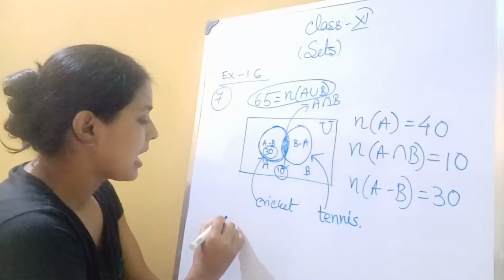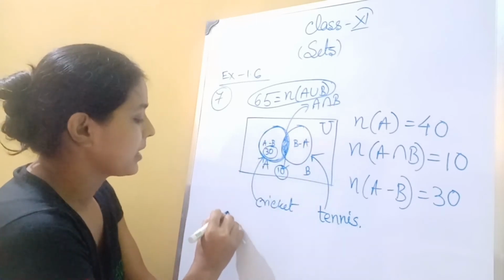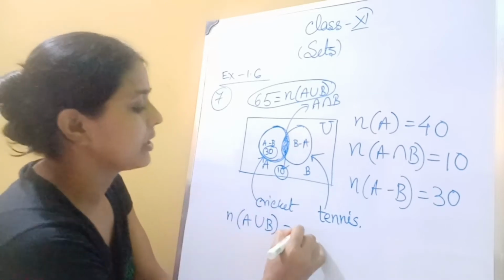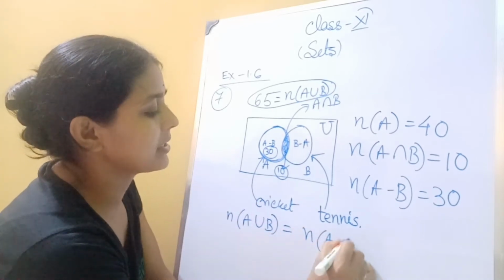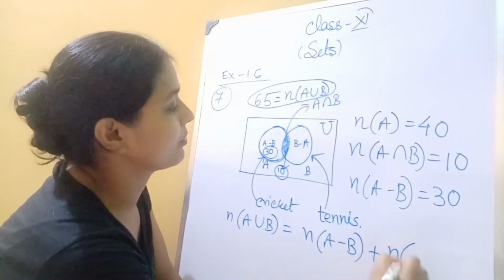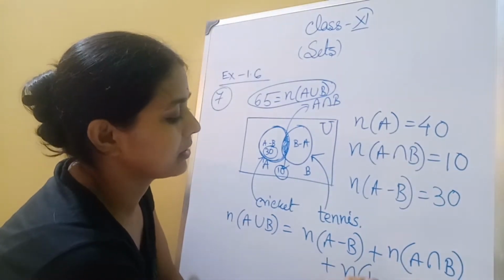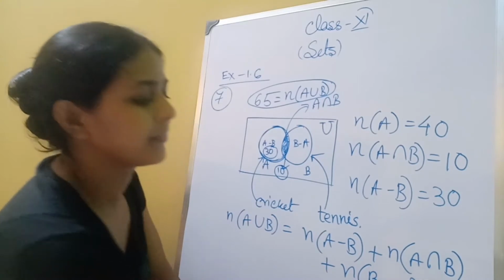I'm just writing it again: n of A union B is equal to n of A minus B plus n of A intersection B plus n of B minus A.